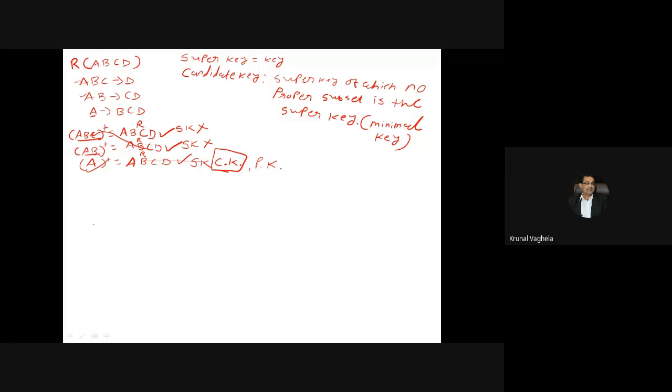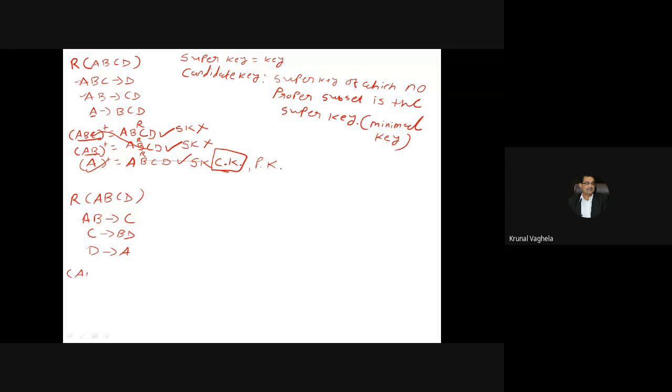Let me give you some more examples so you can understand the concept clearly. Consider the relation R(A, B, C, D) with AB to C, C to BD, and D to A. Now let's see whether AB is a super key or not.